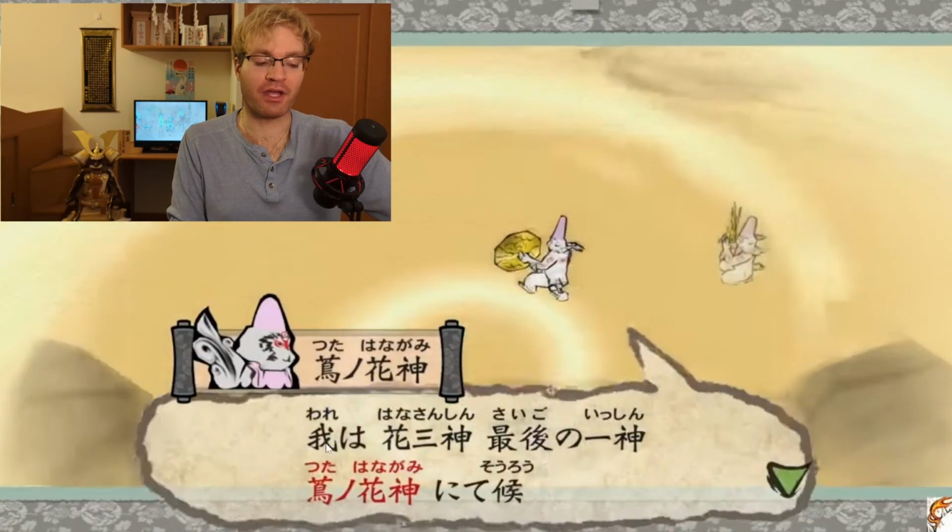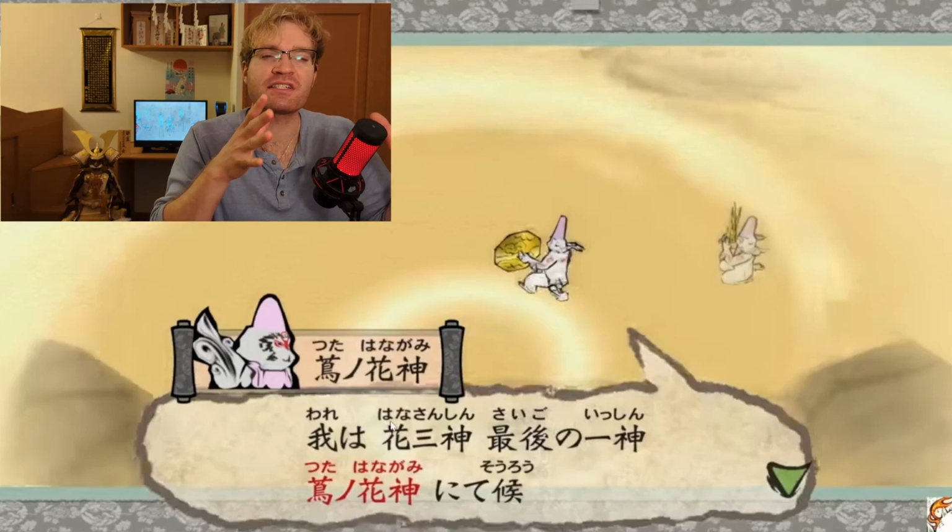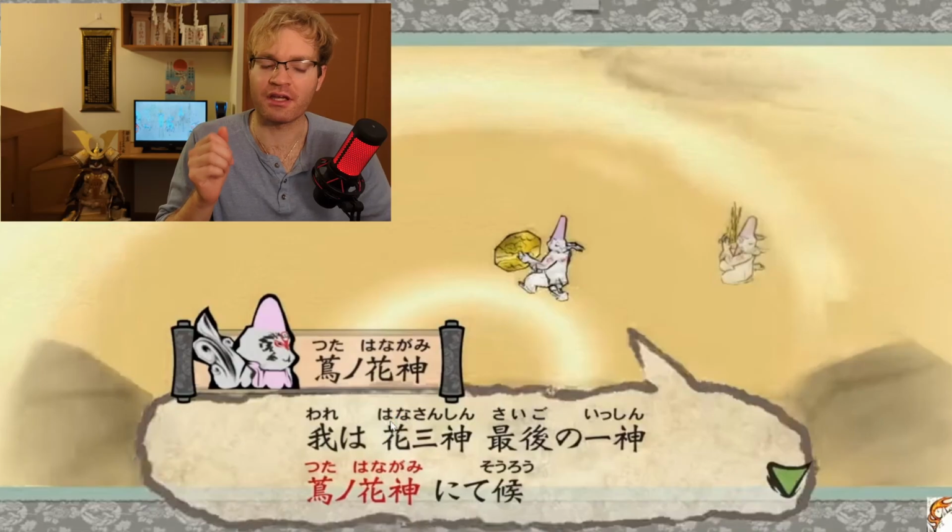Okay, then we have this next little bit, ware. Okay, ware is, like I said, it just means I, singular. Ware wa. Okay, wa is the topic marker particle. Now, in modern Japanese, it basically just kind of functions as a subject marker. In classical Japanese, it had a little bit more of a distinguishing effect, I guess you could say.